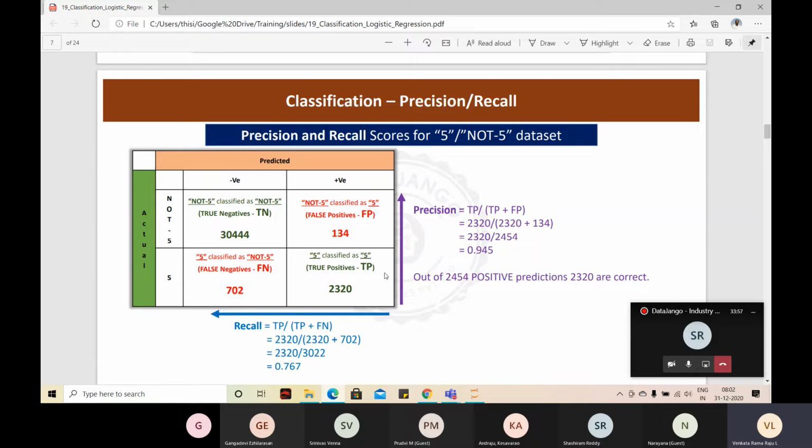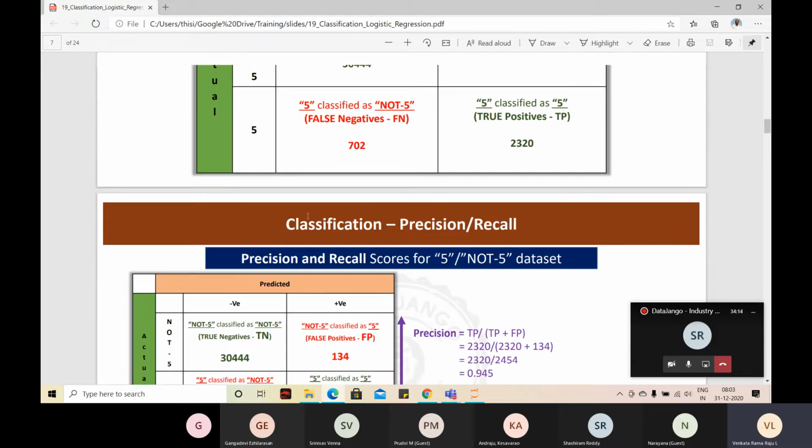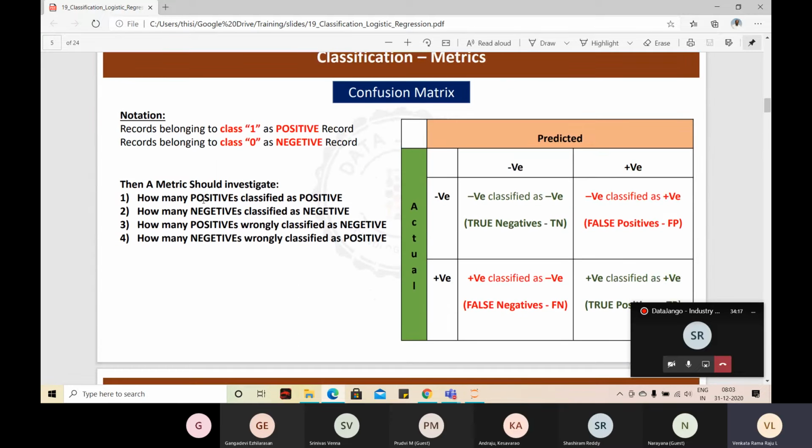That's a different metric actually. There are four combinations, as I said we need to look into: positives positively predicted, negatives negatively predicted, positives wrongly negatively predicted, negatives wrongly positively predicted.